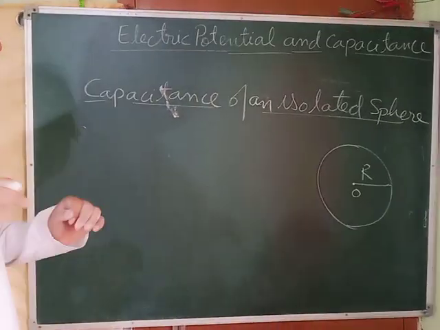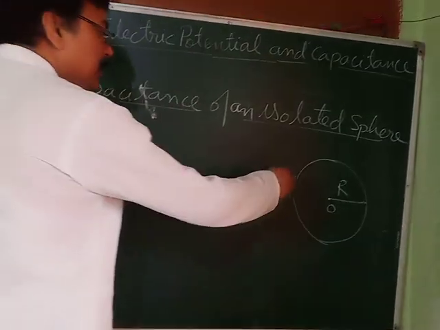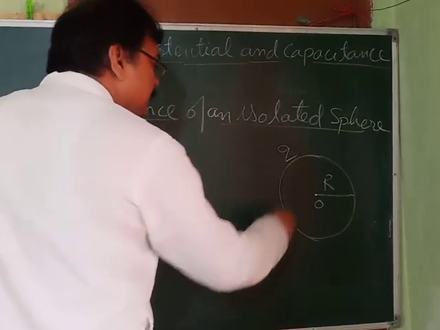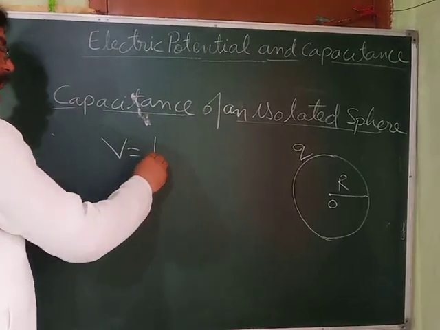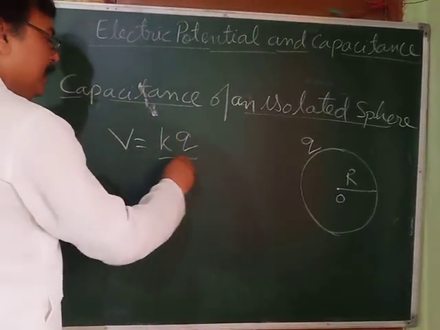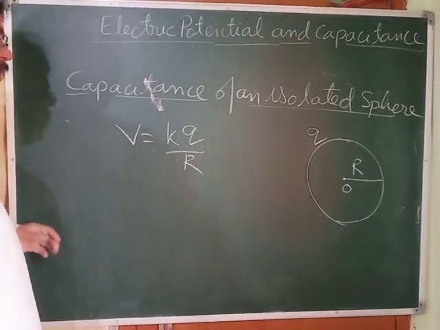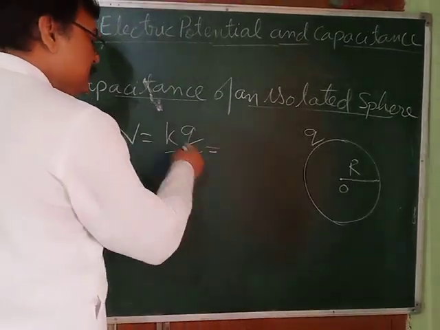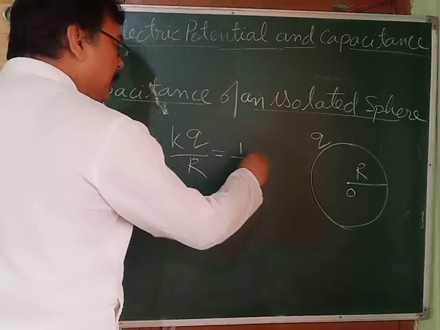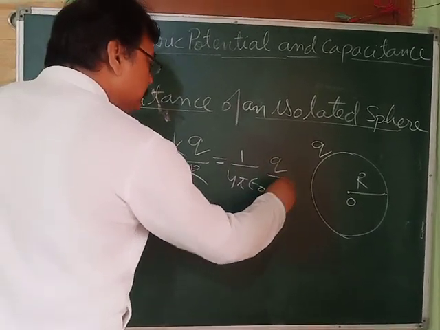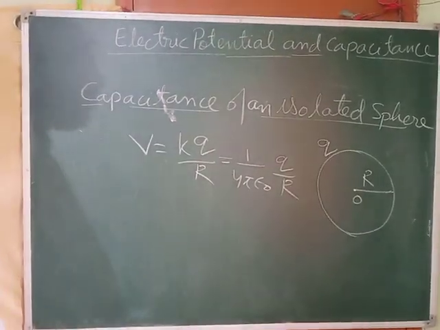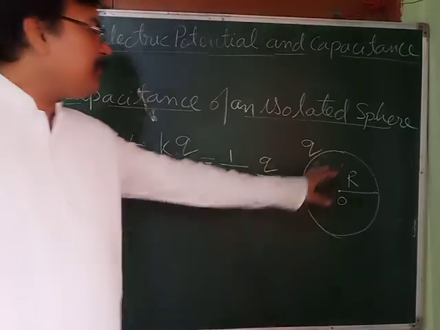How to find? See, if suppose charge q is there on its surface, then what is the potential on its surface? Potential is kq by r. Or what we can write? K is 1 by 4 pi epsilon naught, q upon r, when the medium around it is hollow.